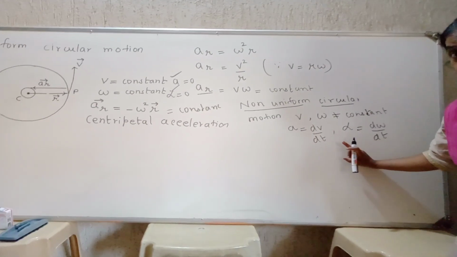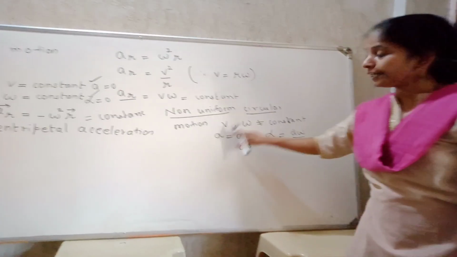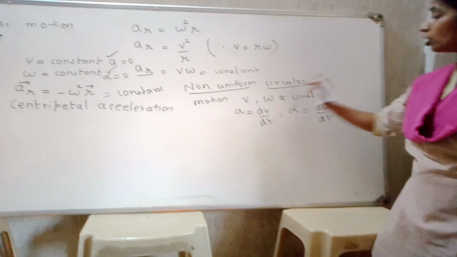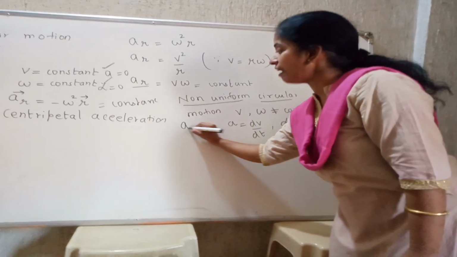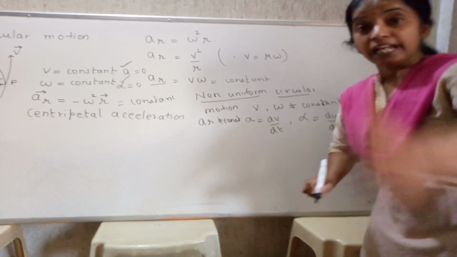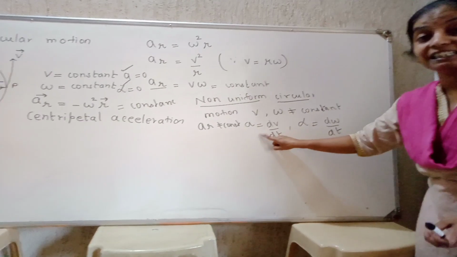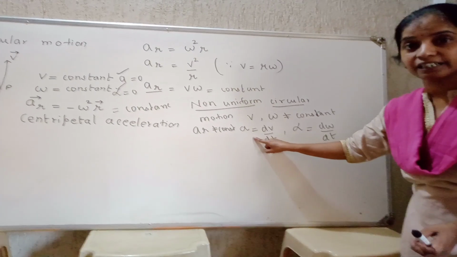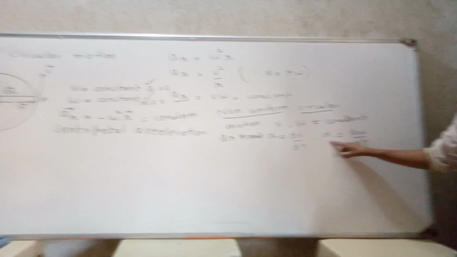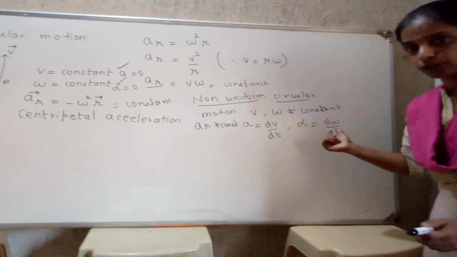But in non-uniform circular motion, students, V is not constant and omega is not constant. Hence, AR, radial acceleration, is not constant. This is normal acceleration, which comes into play. This is normal angular acceleration, which comes into play. Are you okay, students, with this?